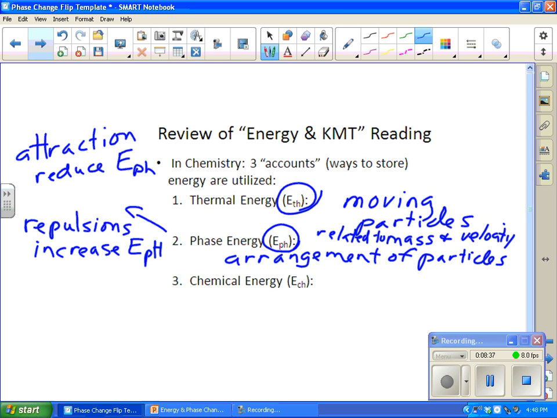All right, and our last way of storing energy that we're going to consider in chemistry is chemical energy. And this is energy that is stored by the attraction of atoms within molecules.